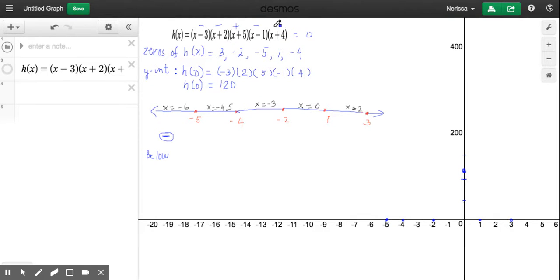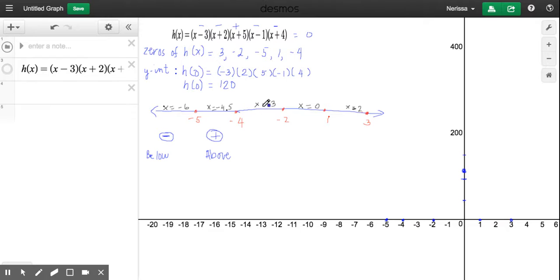And -4.5 plus 4 is negative. So negative times negative is positive, times positive is positive, times negative is negative, times negative is positive. So here, h of x is positive, therefore it has to be above the x-axis.